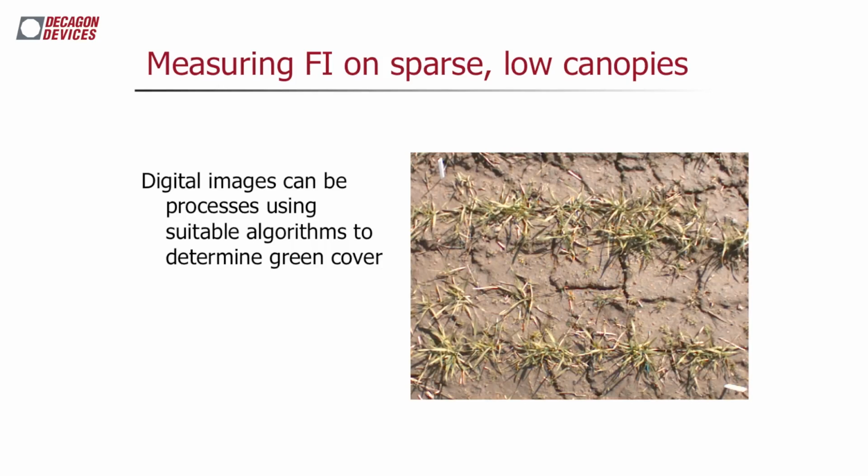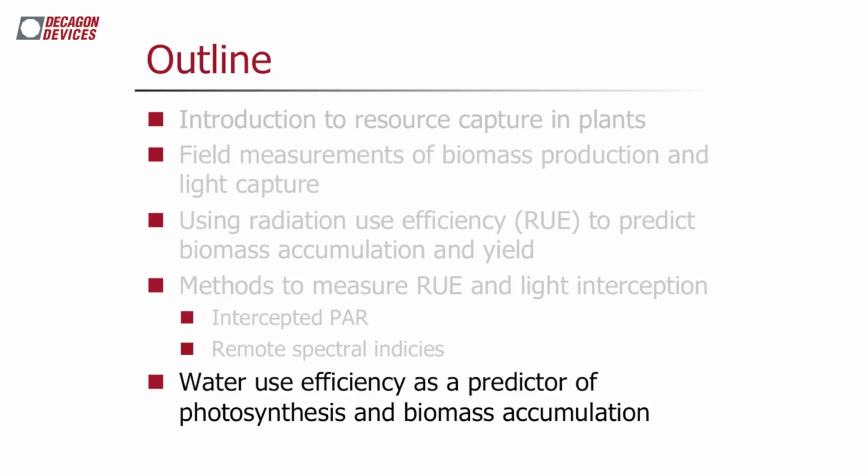One of the ways that we've worked with this before is actually to take a digital image of this surface, put it into something like a program that will actually analyze, Photoshop for example, analyze the green versus brown pixels, and then do some analysis of the canopy cover, and you can actually get it from there. There are also programs out there that you can purchase that will do this analysis for you. So you can collect your canopy cover in that method too when you have very sparse canopies.